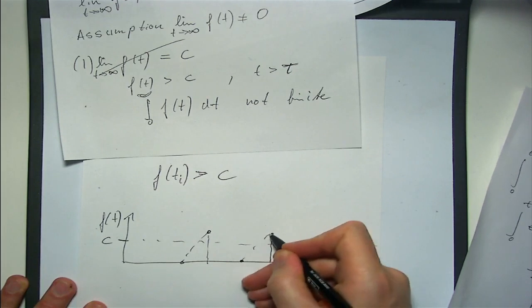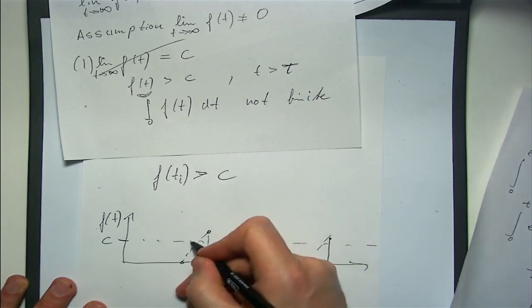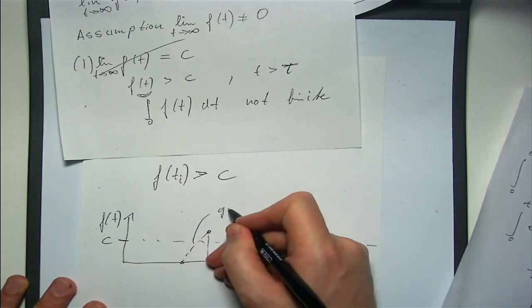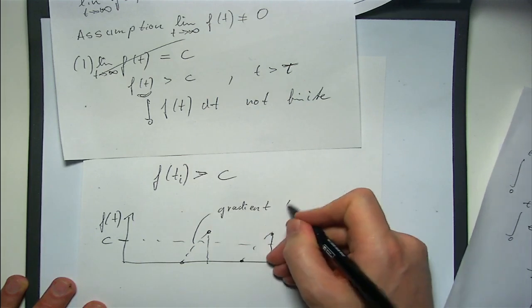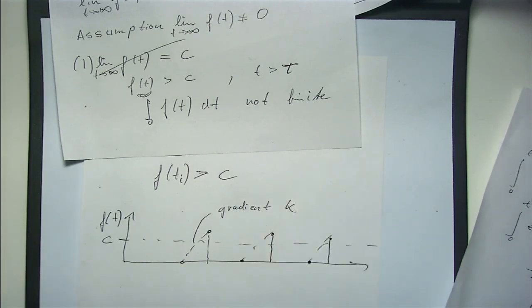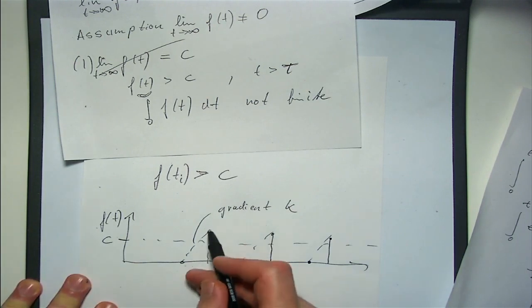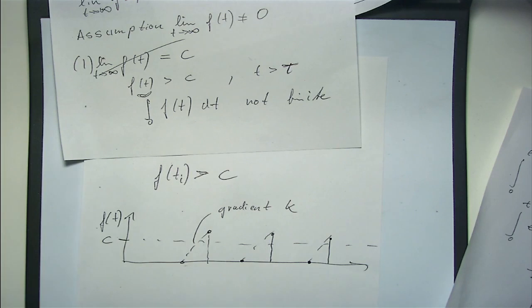The gradient is pretty much given by our limit k, isn't it? And now we have infinitely many of these abilities to rise up and rise down. And there's obviously some value c.